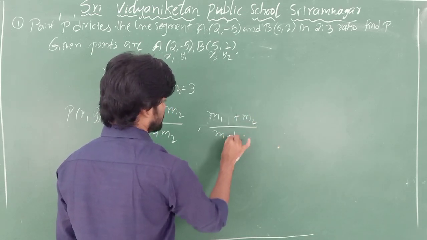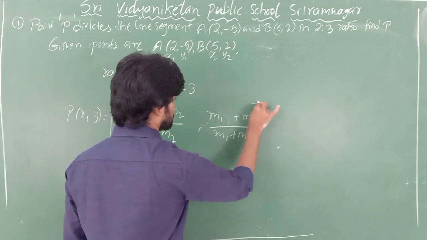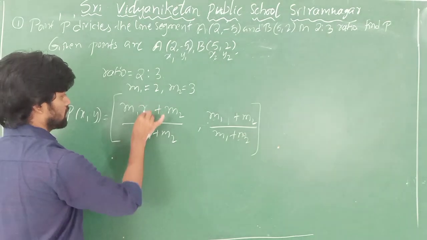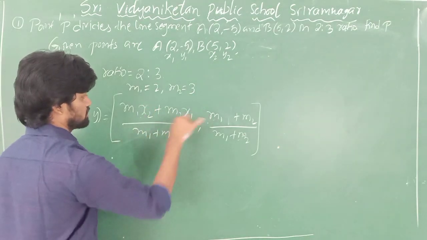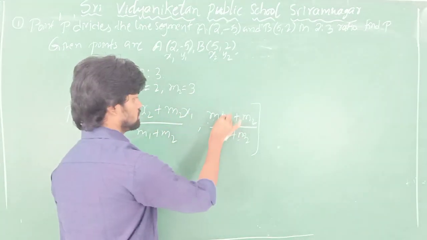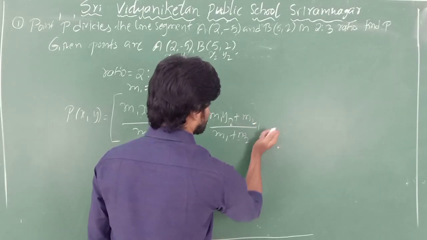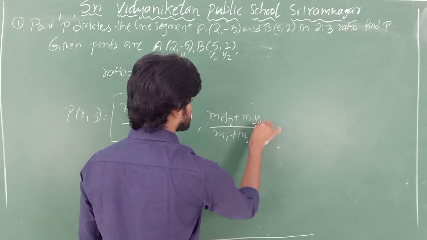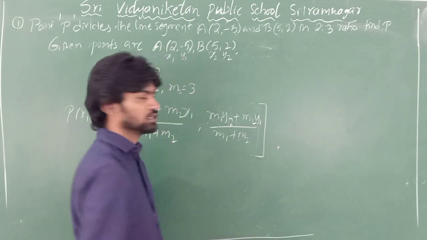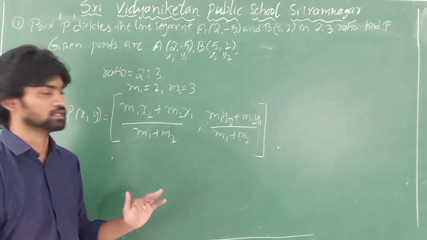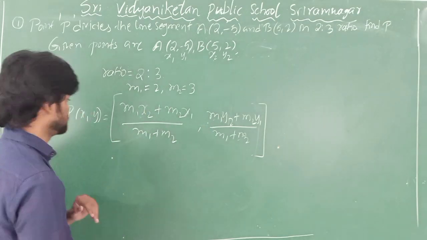Then M1 with x2 and M2 with x1. In this way you can write this formula easily and remember it like this. Now just substitute values.